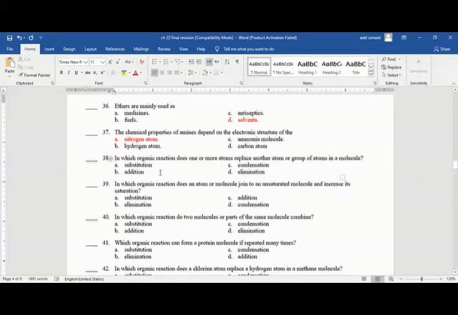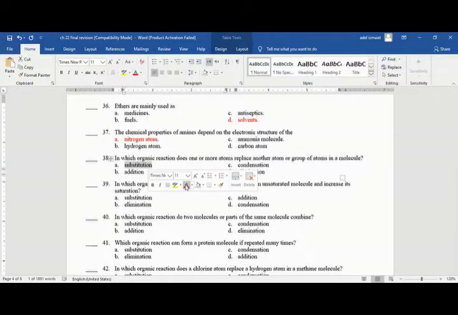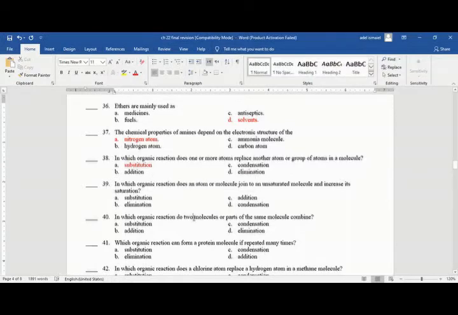In which organic reaction does one or more atoms replace... continue the sentence? You know that if I replace something, this is called a substitution reaction. In which organic reaction does an atom or molecule join an unsaturated molecule and increase its saturation?